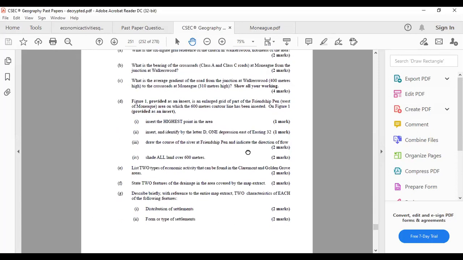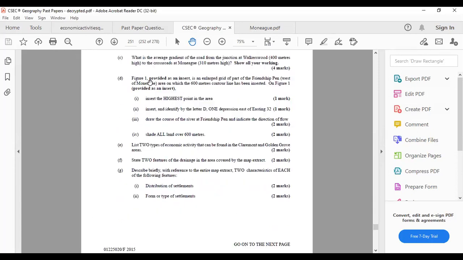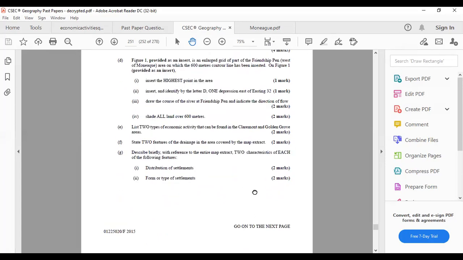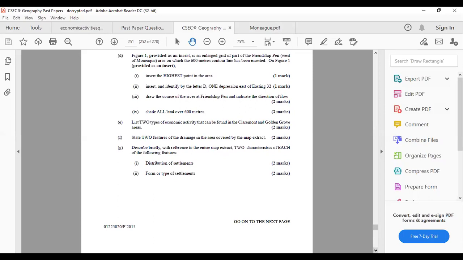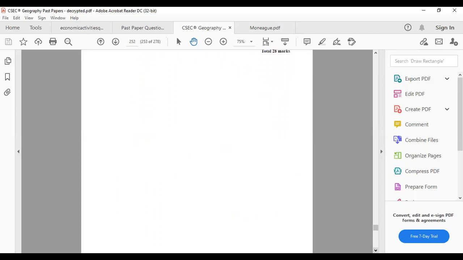You understand that? So insert again. Insert is an enlarged grid part of Friendship Village area on which a 600-meter contour line has been inserted. Insert the highest point in the area. So they just told you, you go to that area and you find the highest point. How do you locate the highest point? How do you find the highest point on a map?